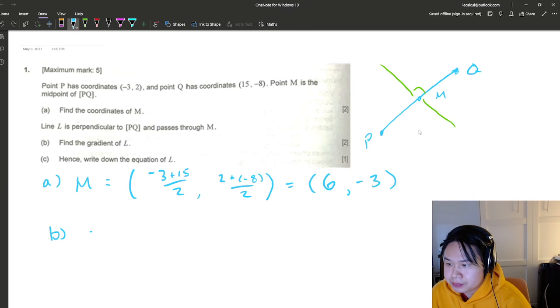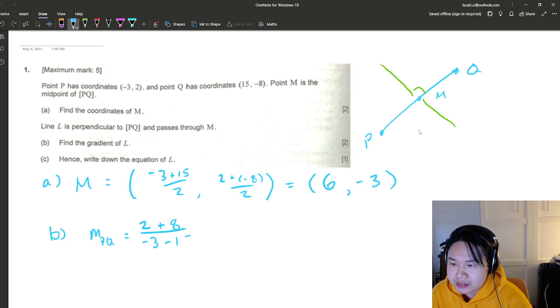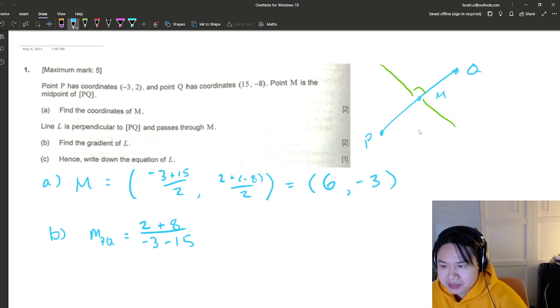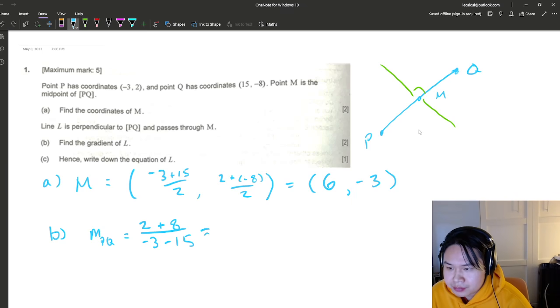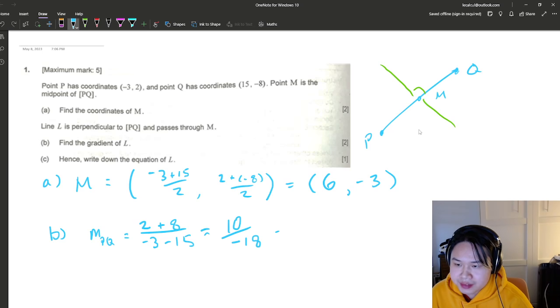So, 2 plus 8, and then -3 minus 15. At this point you should be finding gradients pretty easily, but if you don't, it's just in your formula booklet. -10/18.